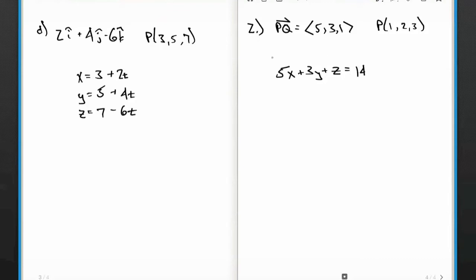The other way to do that, if you didn't remember this kind of definition, you could say, well, I've got some vector PQ, and I've got a point here, which I know is 1, 2, 3.